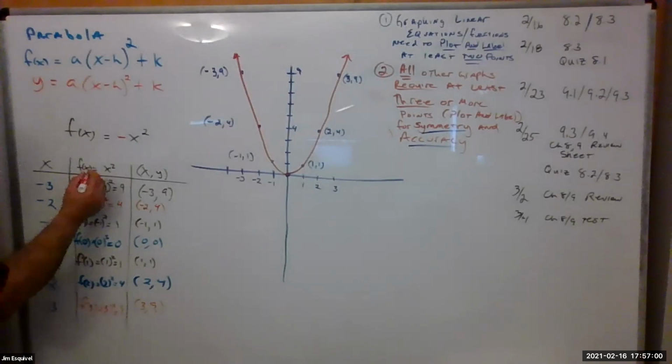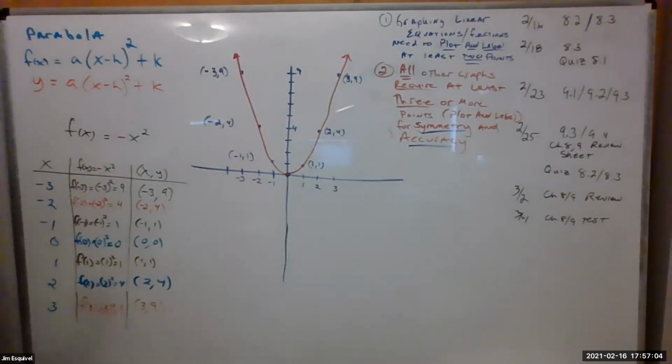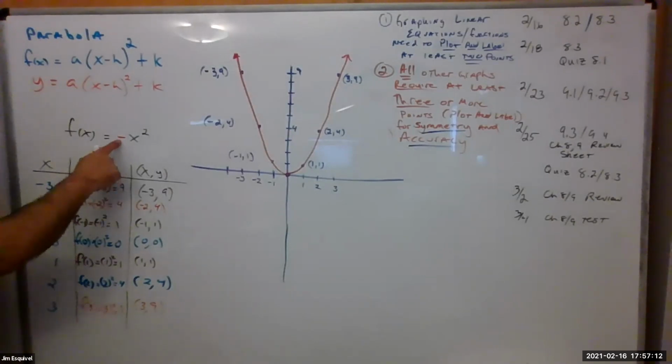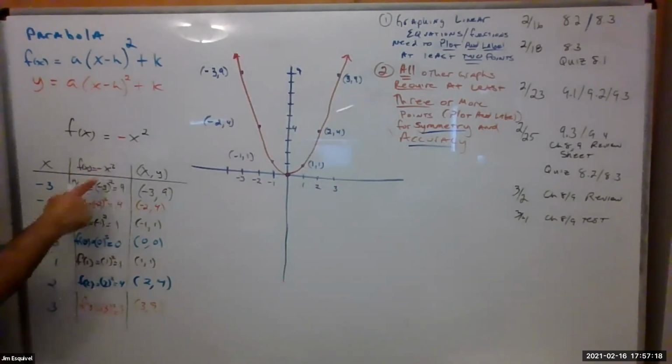And this is why your substitutions are so important, that you are really careful with negatives. So this negative is not being squared, only x is.